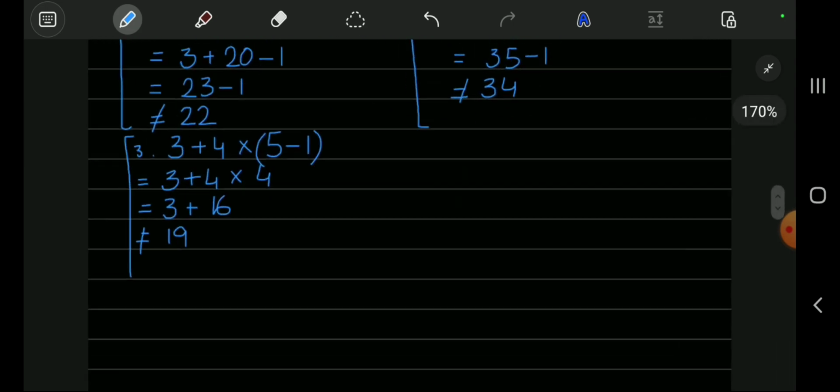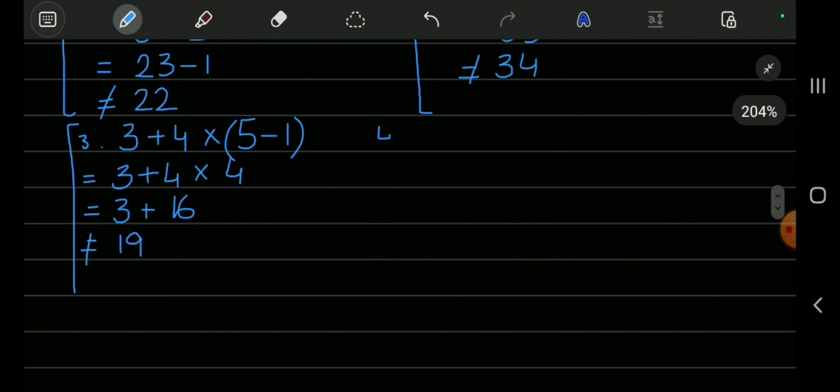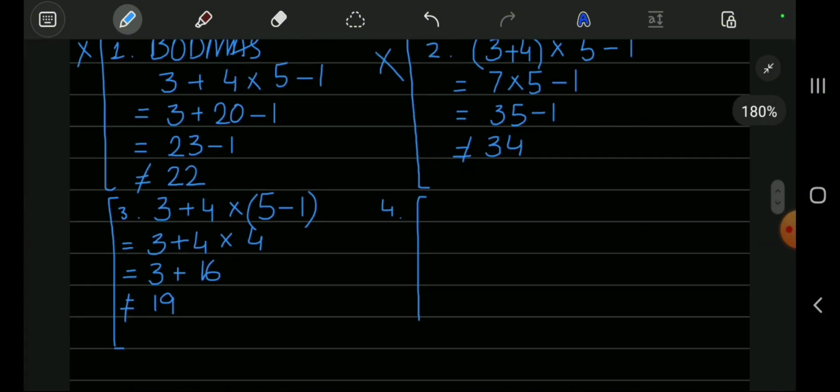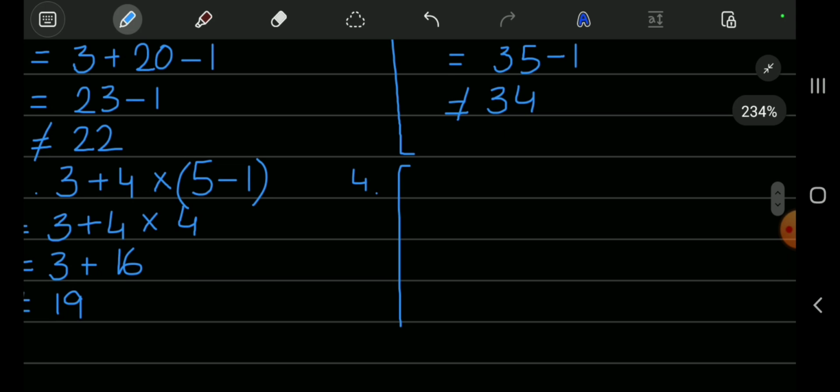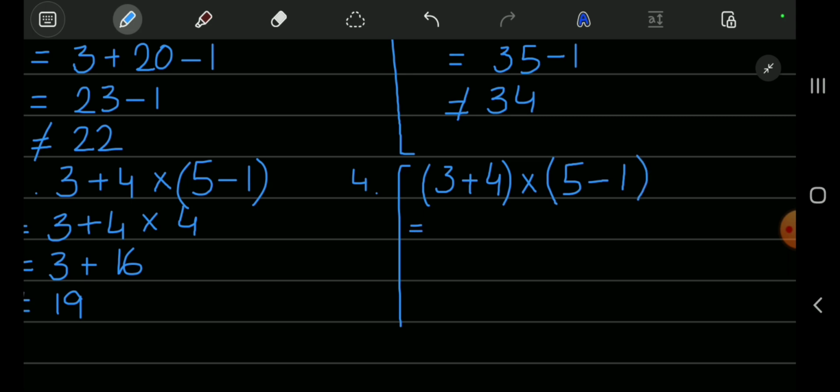So see another method that we can do with this, and that is to write the statement again. 3 plus 4 multiplied by 5 minus 1. In this step, if you put two brackets over here, let's check if the answer is correct or not. 4 plus 3 is 7 multiplied by 5 minus 1 is 4.